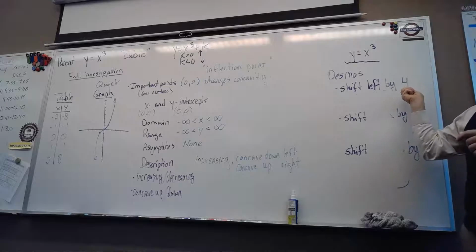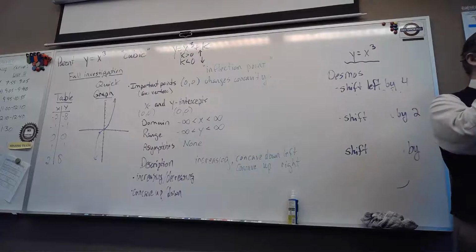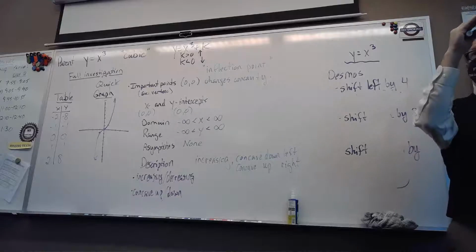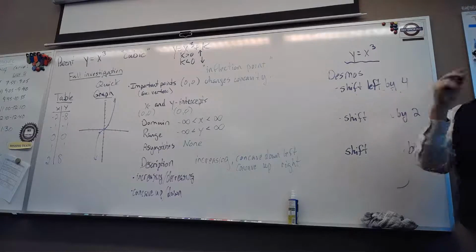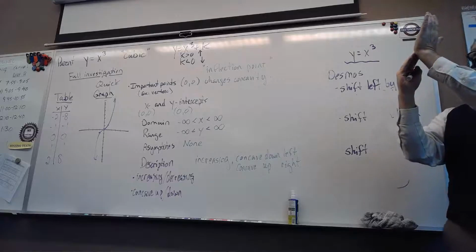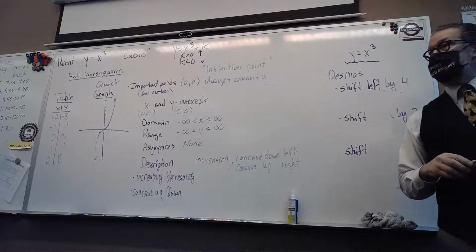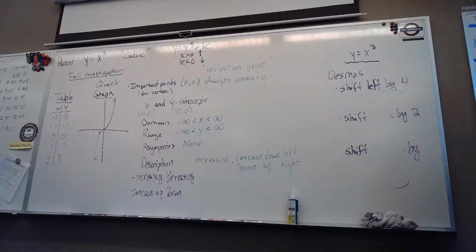Put in a 4 somewhere. See if you can get that thing to move to the left. We already know how to make it go up or down. How could you just make the whole thing move to the left? Start typing stuff into Desmos, see what happens. Make it happen. I'll give you a hint. Do I need to give you a hint, or shall I hold off on a hint? I'll let you play for a minute here, and then I'll give you a hint.